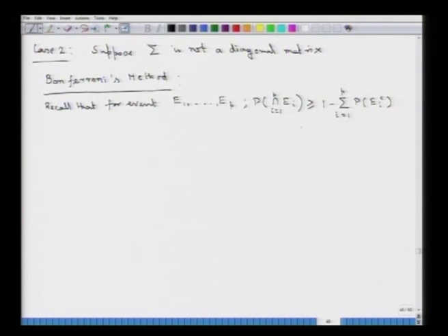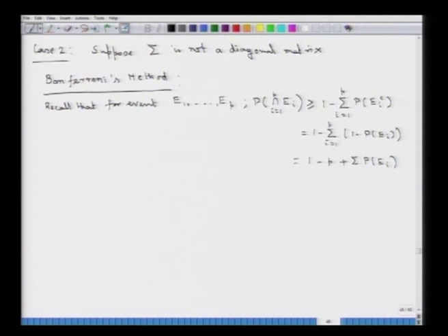Now, this is equal to 1 minus summation i equal to 1 up to p of 1 minus probability of these Ei terms. So, that this is equal to 1 minus p plus summation probability Ei terms.